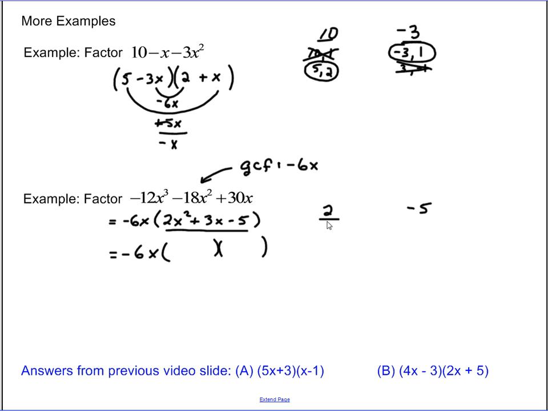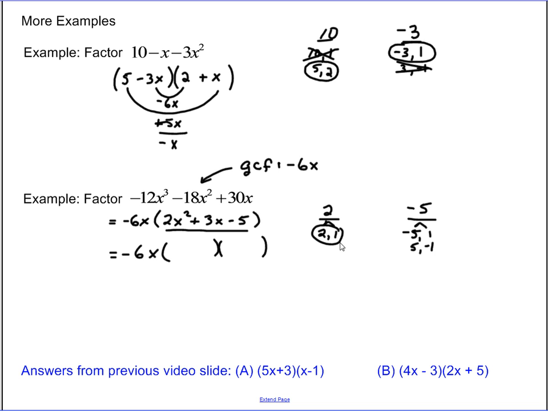So let's see. Factors of 2, it's prime, so that means 2 and 1 are the only two factors. And of course 5 is prime, but we have a negative sign there. So we're either going to have negative 5 and positive 1, or positive 5 and negative 1. And we need a combination that adds up to 3. Well, that's actually not too hard to figure out, right?